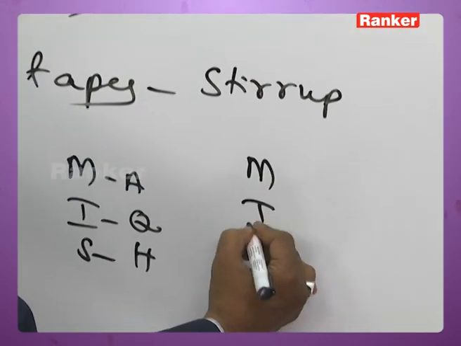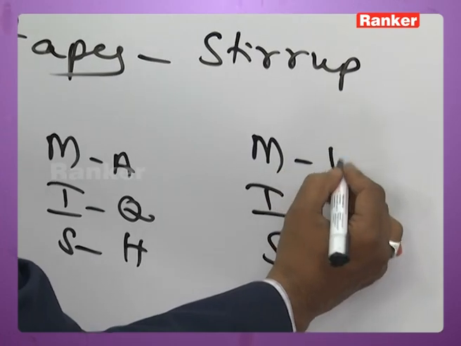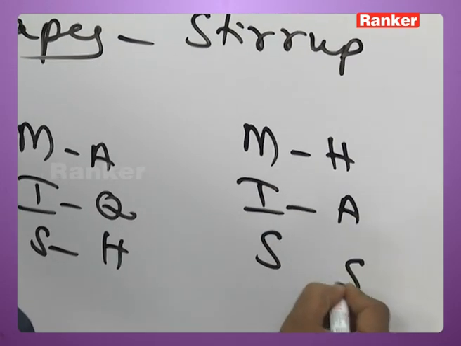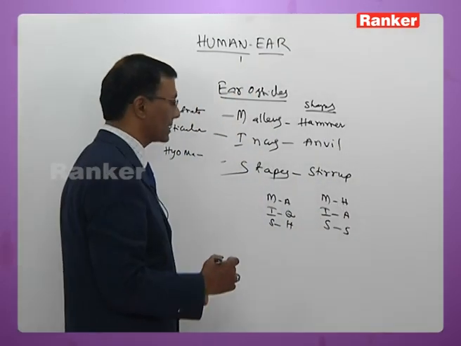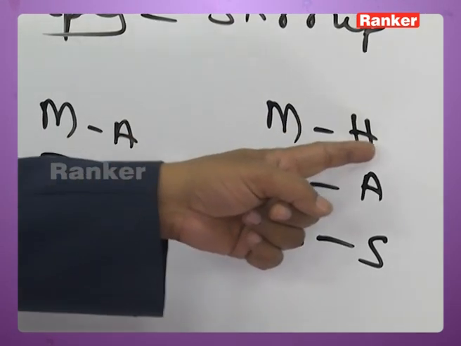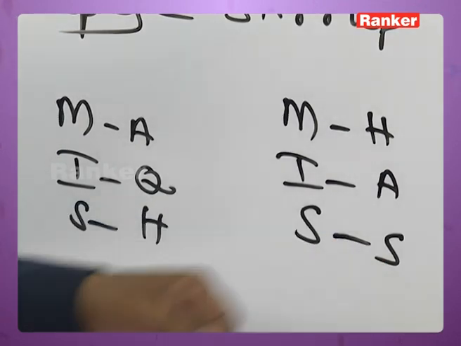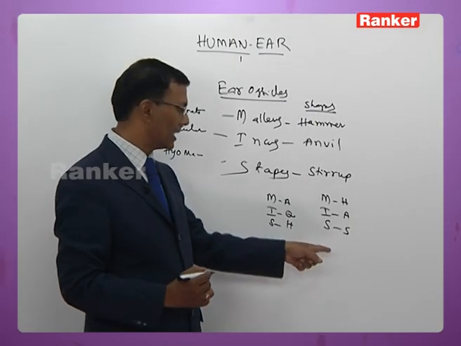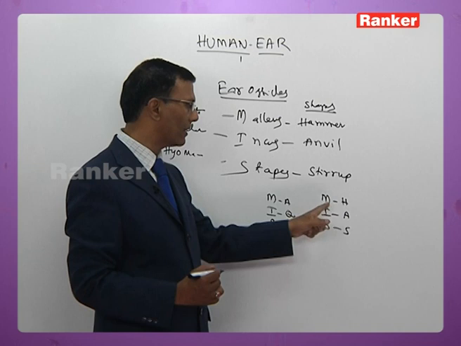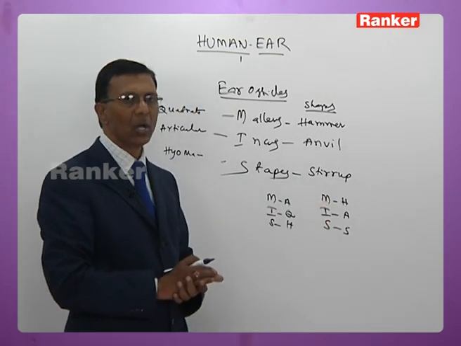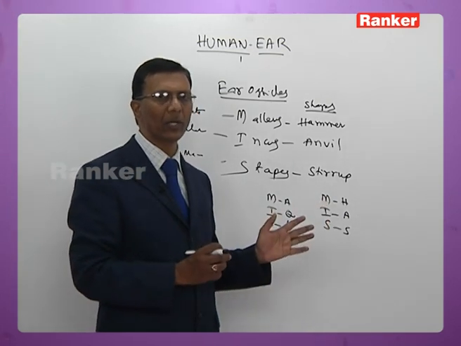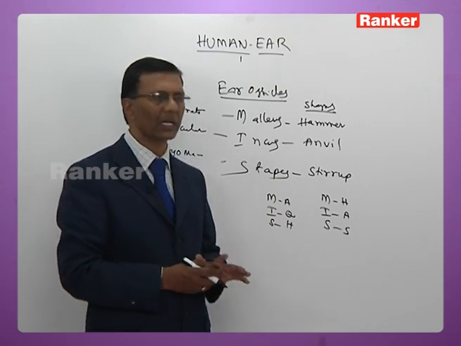You should get a clue: MIS, shape is HAS. M is hammer shaped, I is anvil shaped, S is stirrup shaped. So remember this clue, and in case you get a question, you will be able to answer easily.